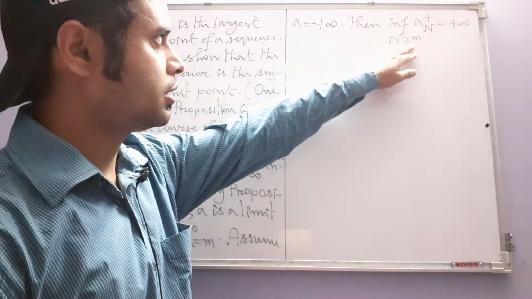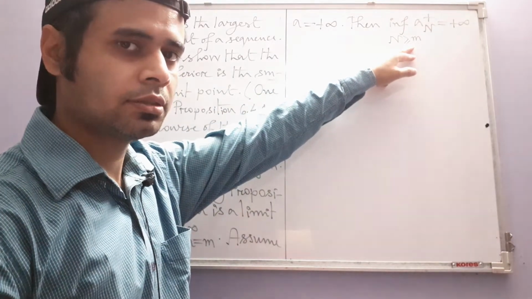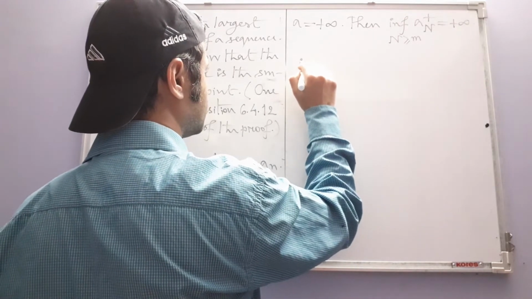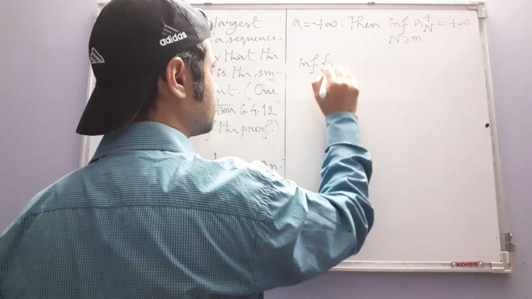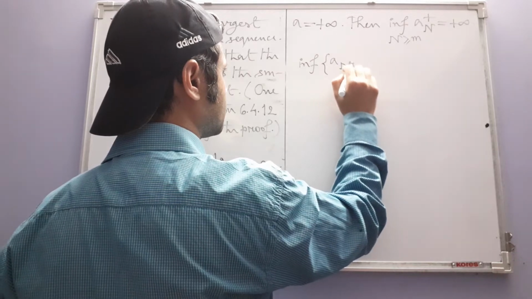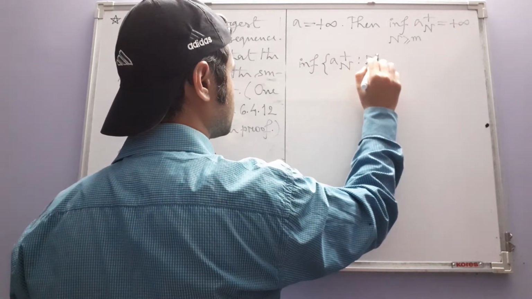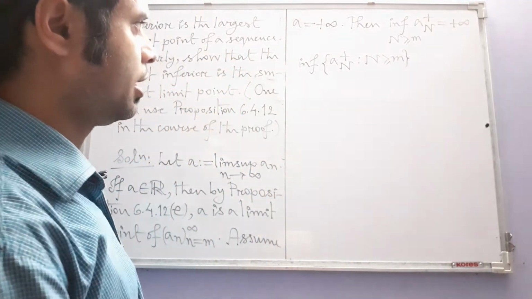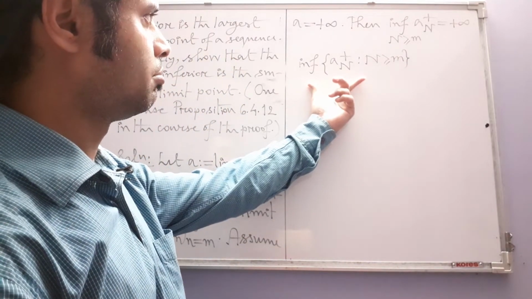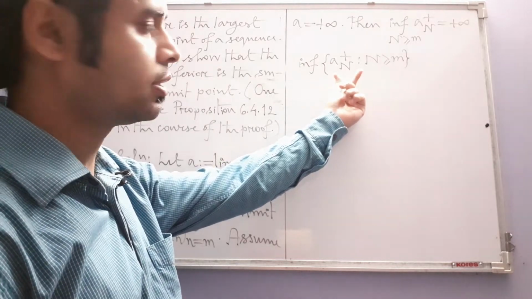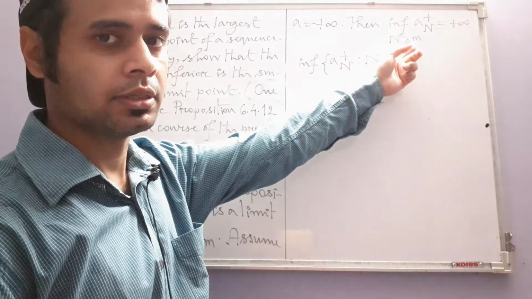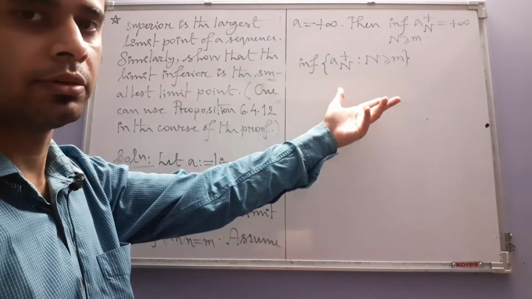This type of notation I have probably written for the first time. It is nothing but this thing. Instead of writing like this, to make it more compact horizontally, I have placed the condition here below the infimum.